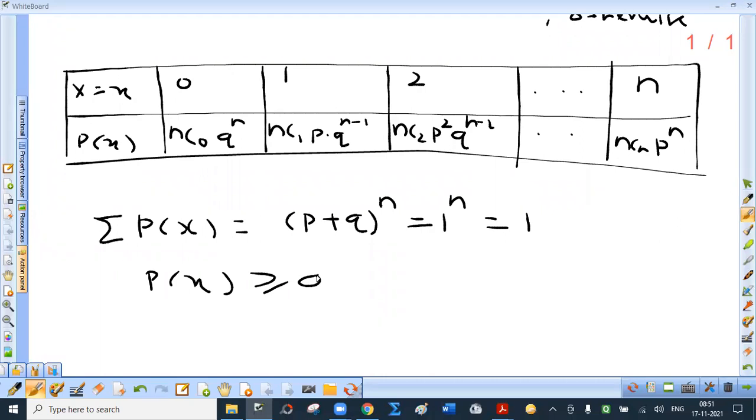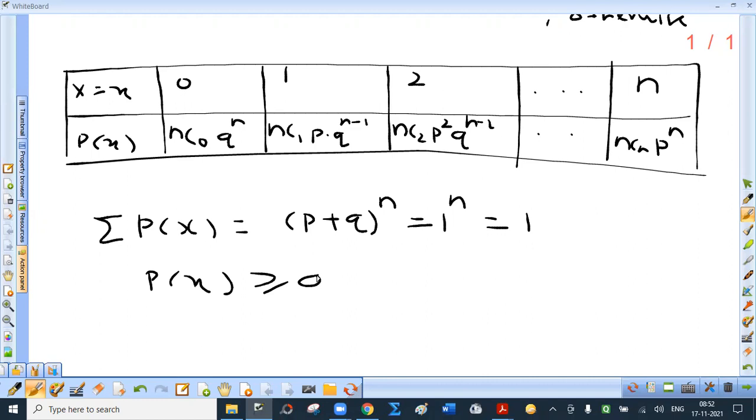The number of trials, usually denoted by small n, is finite. All these trials are independent. The probability of success is constant from trial to trial, that is, trials are repeated under identical conditions.